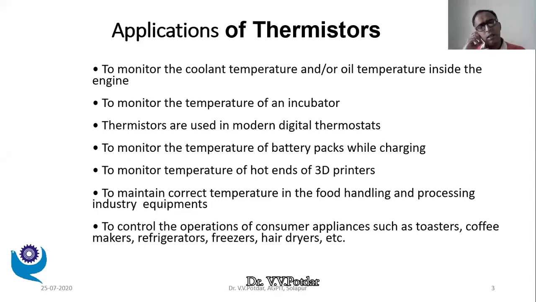So a thermistor is used to sense that temperature, and accordingly cooling of the oil is provided so that it maintains its viscosity and the desired purpose of lubrication is maintained.